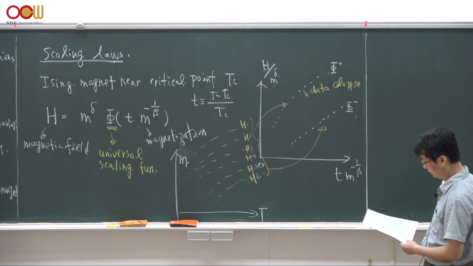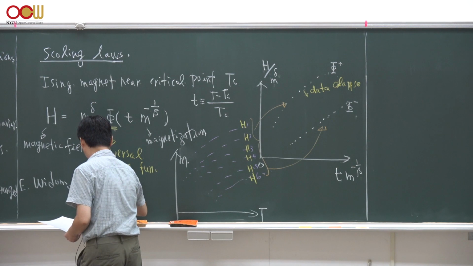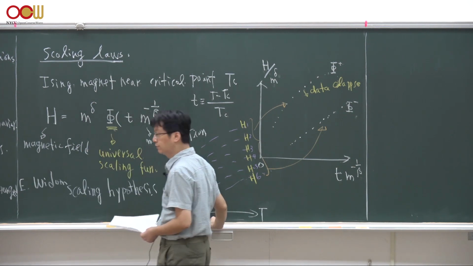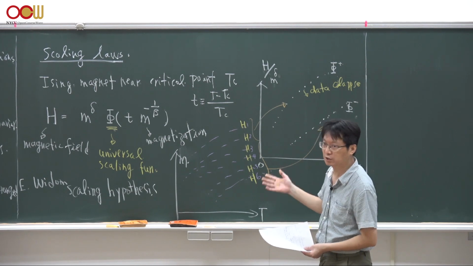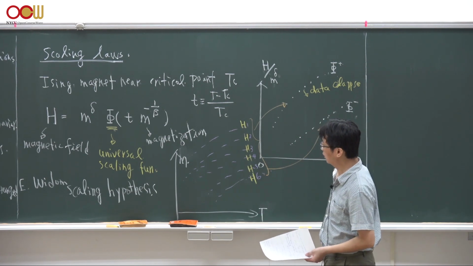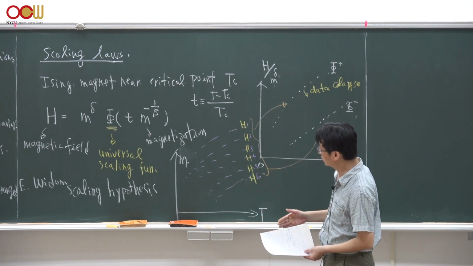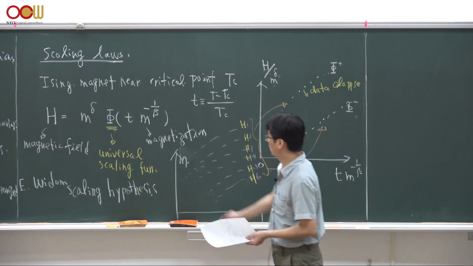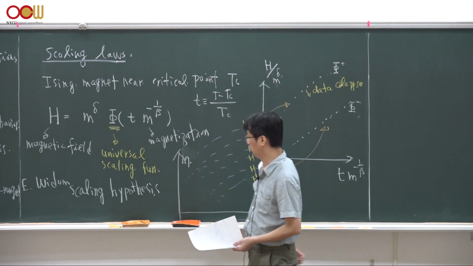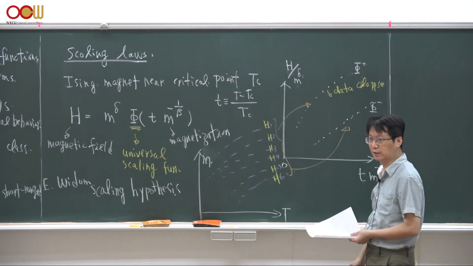So Edward Widom's scaling hypothesis, coming from this free energy, which we'll discuss later, shows that scaling properties, and you could derive some sort of universal scaling functions from Widom's scaling hypothesis.